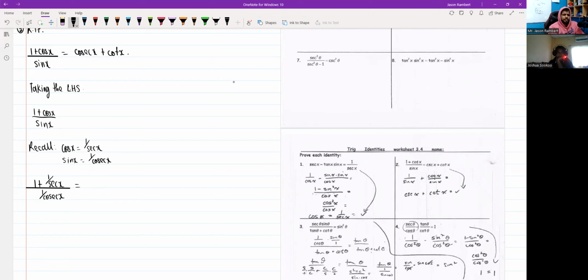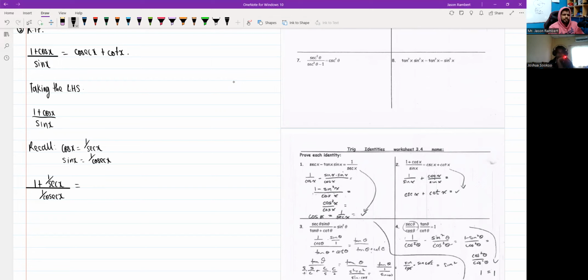If I have a over b plus x over y, we multiply a by y first, then multiply b by x, keep the operation in the middle, and we multiply b by y. You notice?